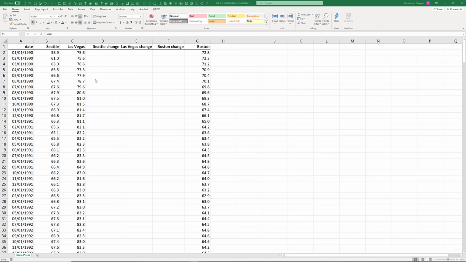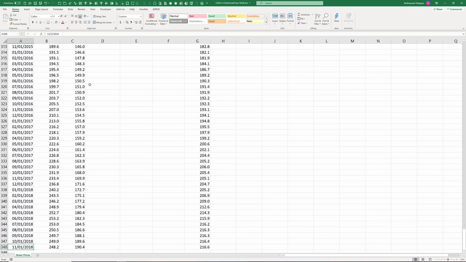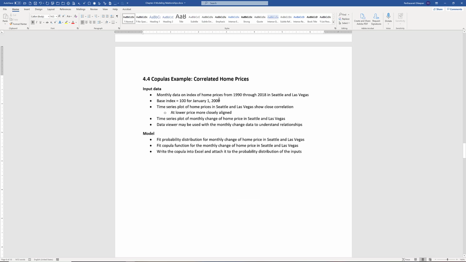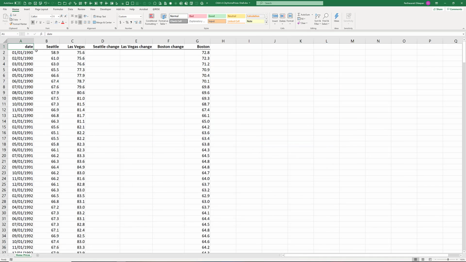Okay, so we have the home prices from January 1st, 1990 to November 1st, 2018 for Seattle and Las Vegas. And remember, these are indexed prices, indexed to 100 for January 1st, 2000. Okay, so we can now do a time series plot.